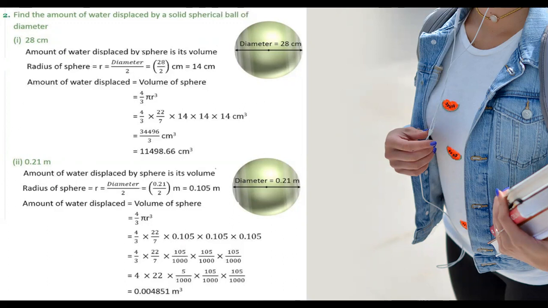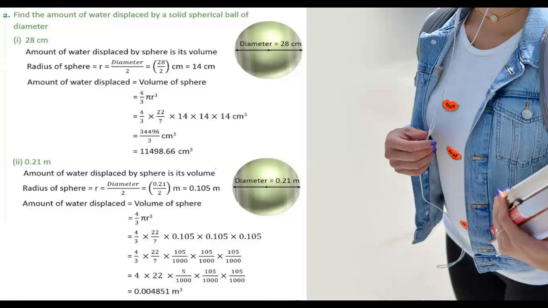11498.66 centimeter cube. In the second problem, we are given the diameter as 0.21 meters and need to find the amount of water displaced. So here the radius of the sphere r is diameter by 2, that is 0.21 by 2, that is 0.105 meter.